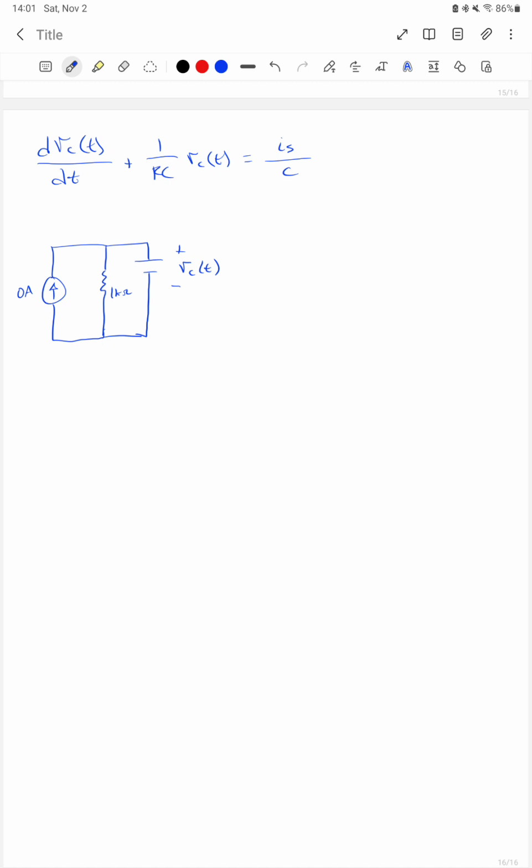The 0 inputs doesn't mean to do the traditional, like, oh, if it's a voltage, it becomes open, and if it's a current, it's straight through. No. When you do the 0 state and 0 input, those values become 0. So for a current source, no current goes through it because it's 0 amps, which is actually like an open circuit, more so than it is like a short circuit. And actually, it's not at all like a short circuit, because a short circuit will have no voltage, but it could still have current.